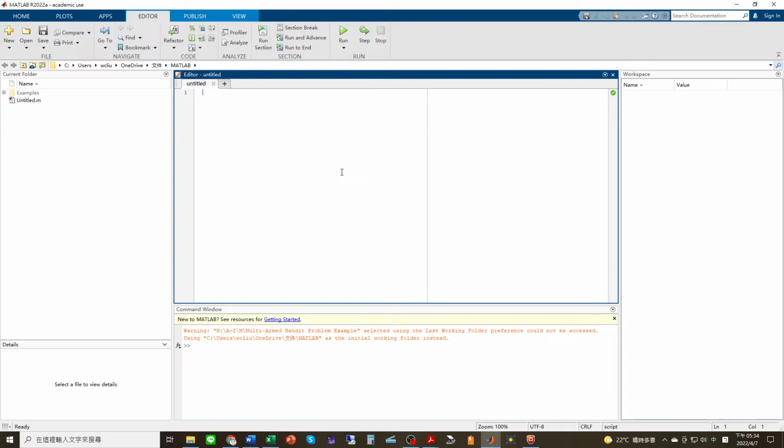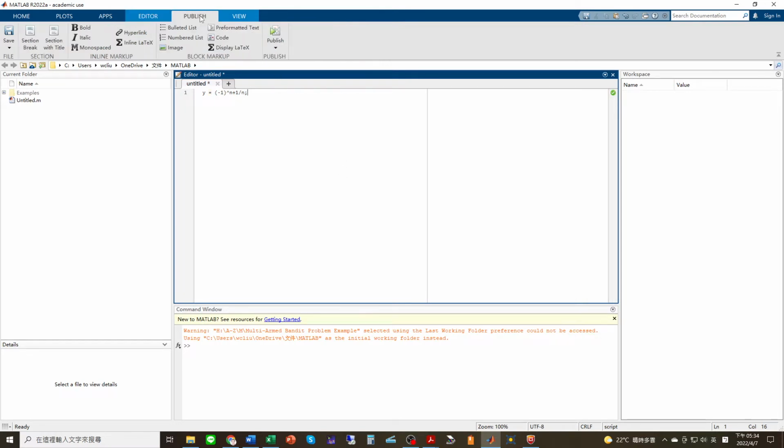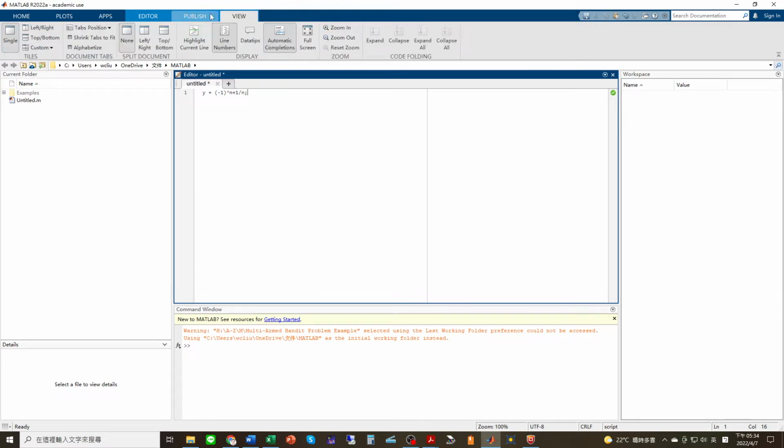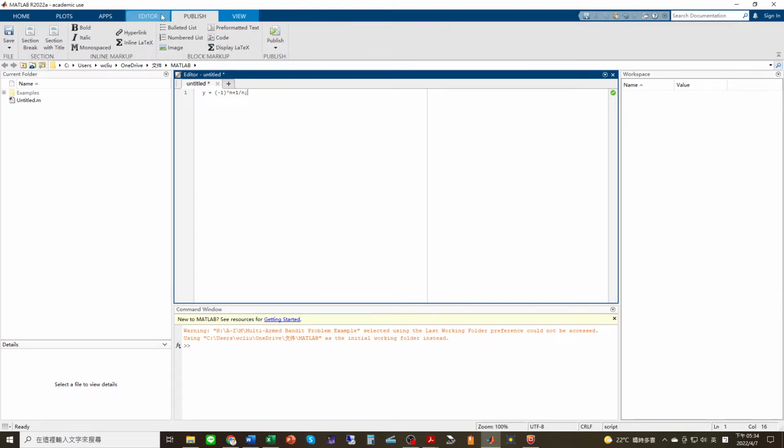So y is equal to (-1) to the power of n plus 1 over n. I think I need to enlarge the font size. Please wait for me.